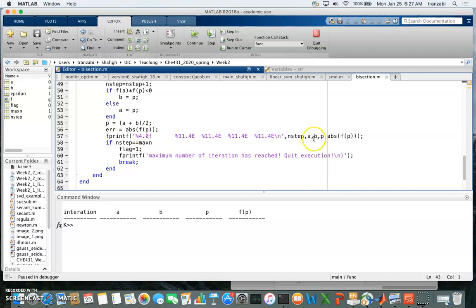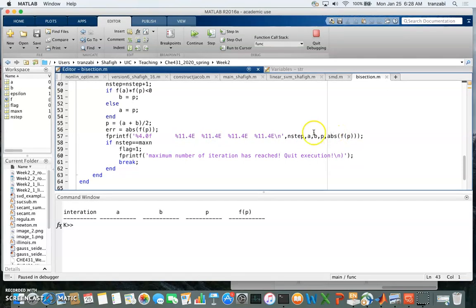This means we're going to print A in scientific form with 4 decimal digits, 11 digits total, and we're going to show the power of 10 as E. So this is basically scientific form. Like 10 to the power of 5, we can write it as 1E5. We're going to use scientific form for the other numbers, A, B, P, and the error.